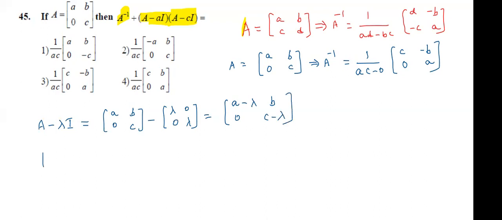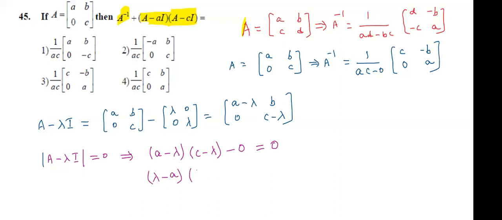Now the determinant of A minus lambda I equals 0. Apply the determinant here. What do we get? a minus lambda into c minus lambda, minus 0 into b, and that is equal to 0. Okay, I am writing this as lambda minus a into lambda minus c equals 0.